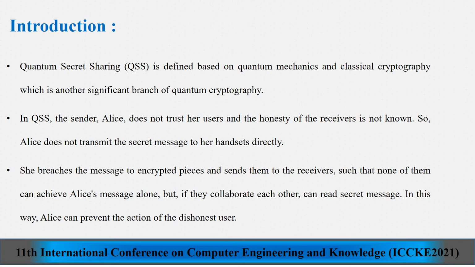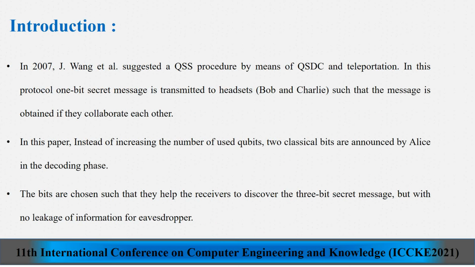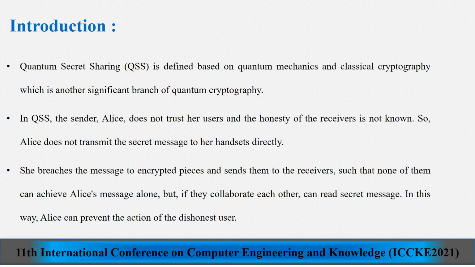quantum cryptography. In QSS, the center, named Alice, doesn't trust her users, and the honesty of the receivers is not known. So Alice doesn't transmit the secret message to her receivers directly.